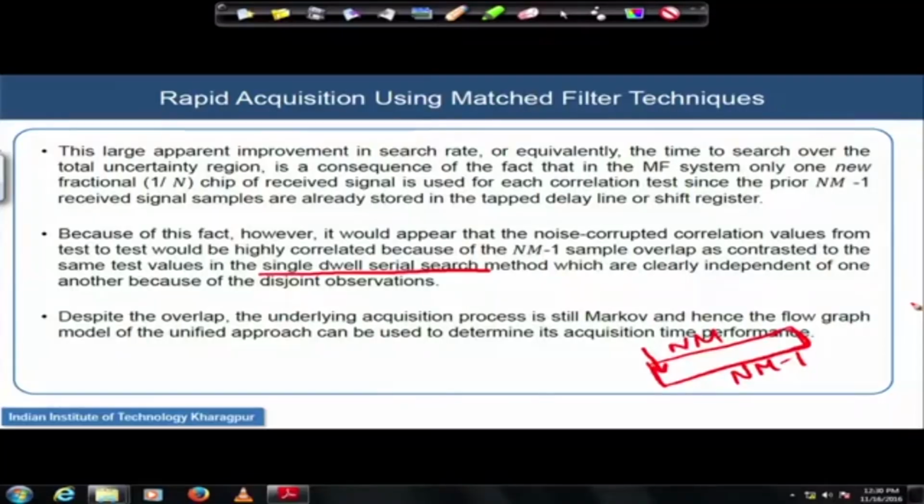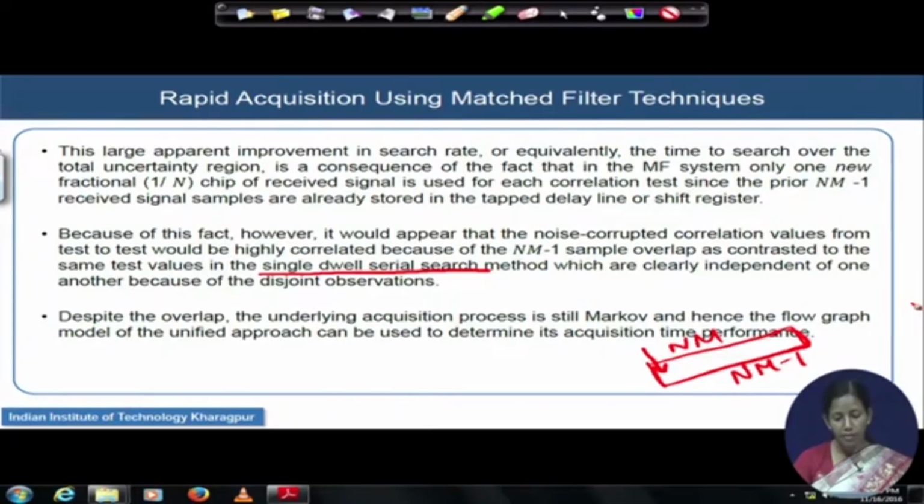So there is no situation of carrying over the cross-correlated, noise-corrupted correlation value samples into the next time zone. We understand there is an overlap, but in spite of this overlap, the underlying acquisition process of the matched filter actually follows a Markov model, and hence the flow graph of this unified approach can be used to determine the acquisition time and acquisition time performance nicely.